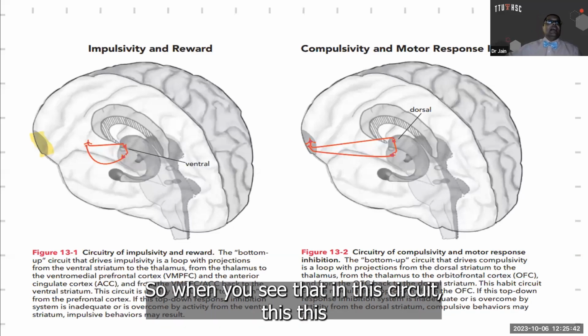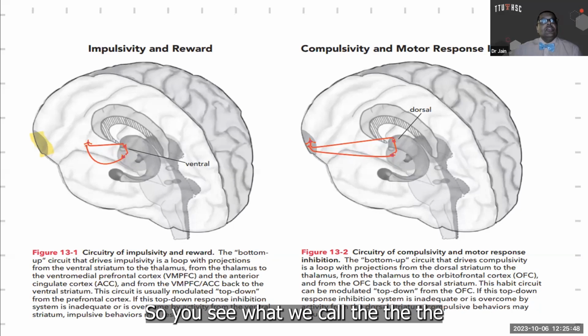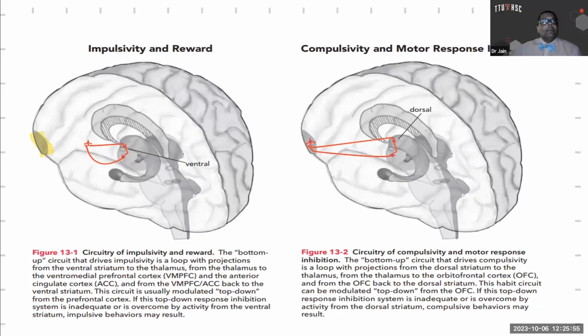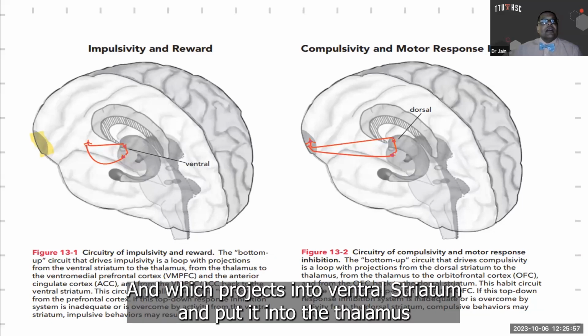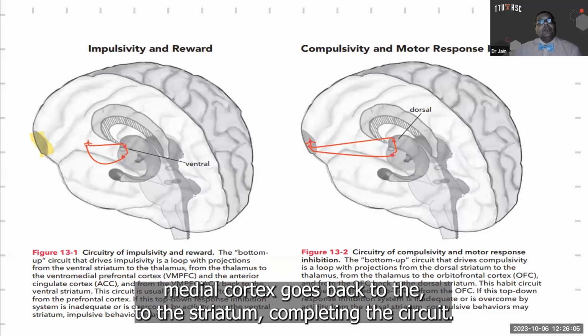So when you see this circuit, as we go into a little more detail, you see what we first call the ventral striatum. This is the striatum, right? The ventral striatum projects into the thalamus, and that goes into the ventromedial prefrontal cortex, and the ventromedial prefrontal cortex goes back to the striatum, completing the circuit.